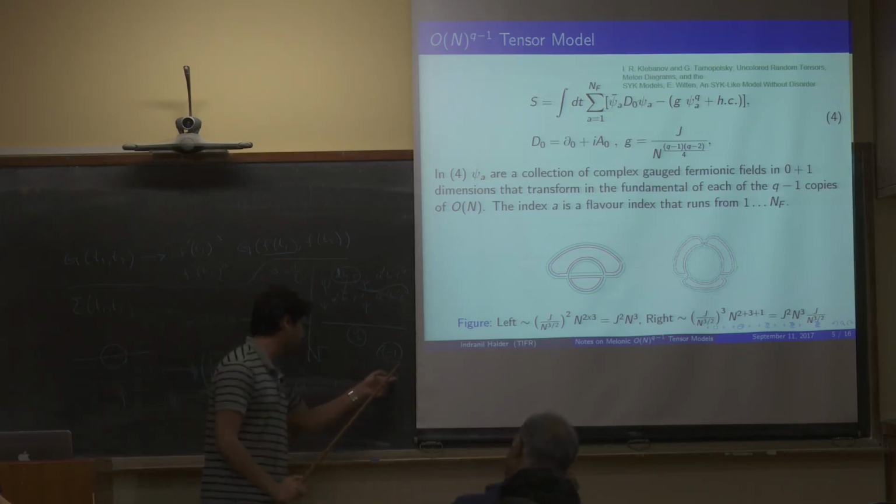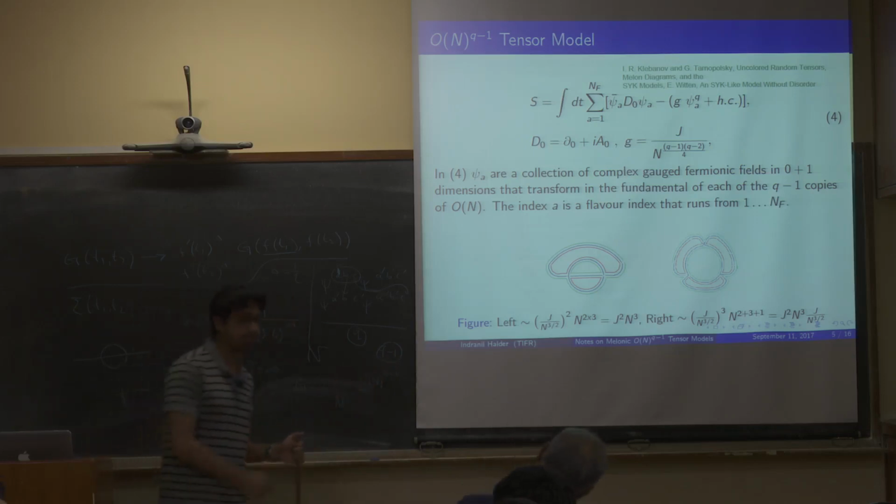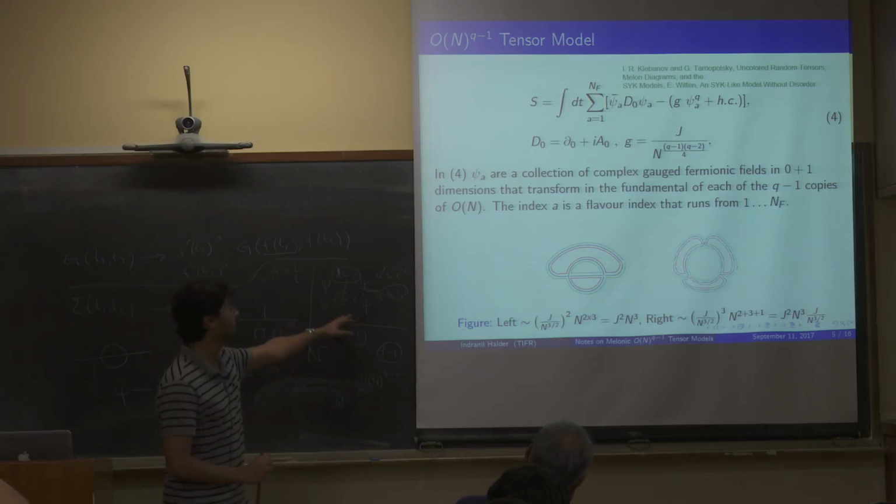There are q minus 1 different O(N)s under which this fermion is gauged. Why do you need q minus 1 colors for a q-point vertex? Because you want to get this particular kind of contraction. If you have q minus 1 of them, then there is a certain rule with which you can get this interaction.